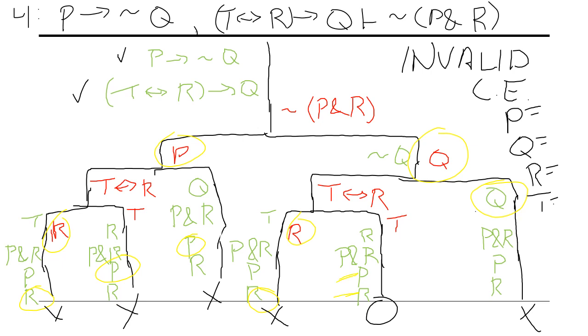We've got a true P, we've got a false Q, we've got a true R, we've got a false T. So it's invalid because of those values there. True R, true P, false T, false Q.